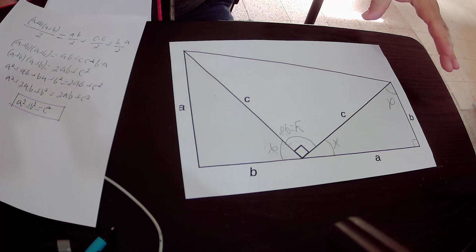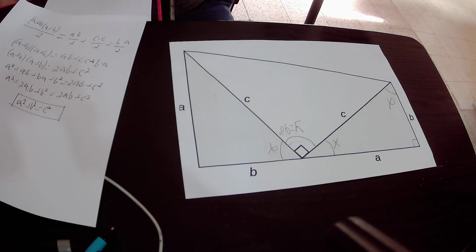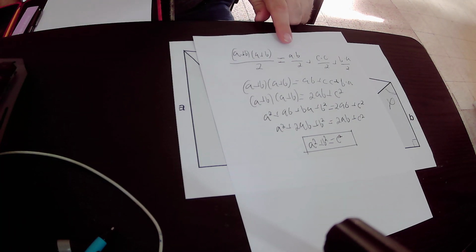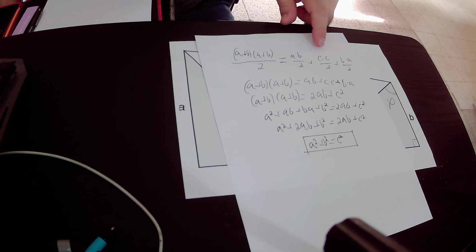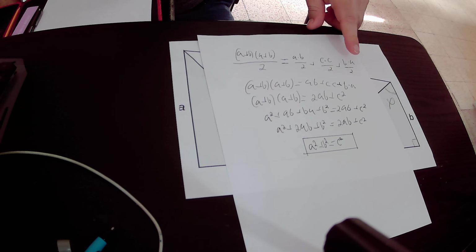It is the area of the right triangle, that is A times B divided by 2, plus the area of the middle triangle, that is C squared divided by 2, plus the area of the left triangle, that is B times A divided by 2.